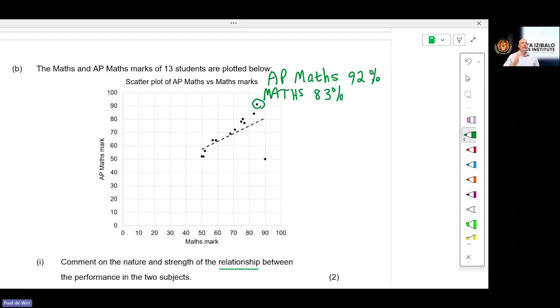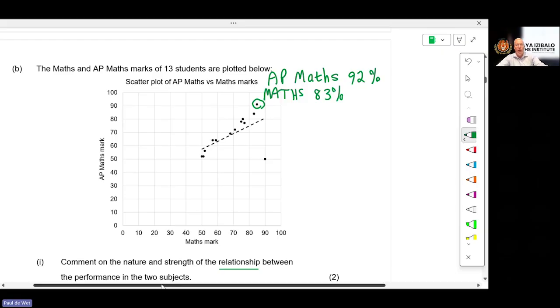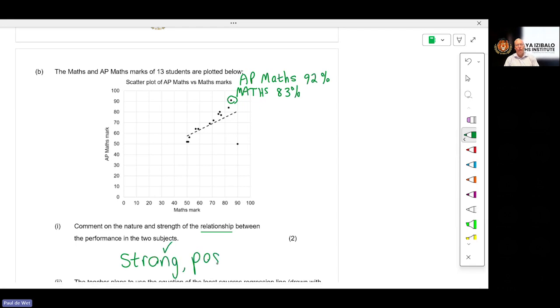Learners that do well in maths do well in AP maths. Learners that do badly in maths do badly in AP maths. Would you say it's a strong or a weak relationship? Well done. It's a strong, positive relationship. And guys, there's the 2 marks, one for strong and one for positive.